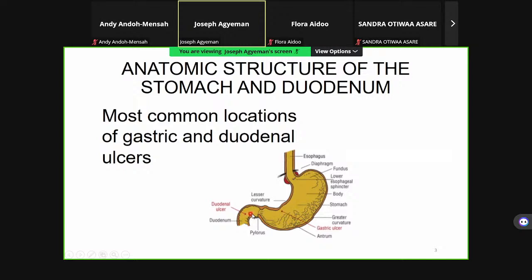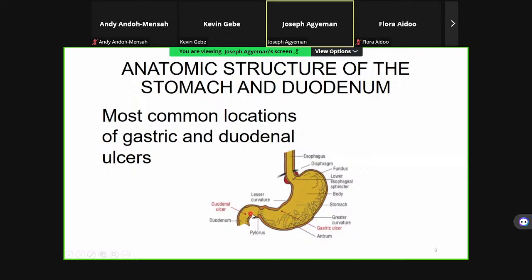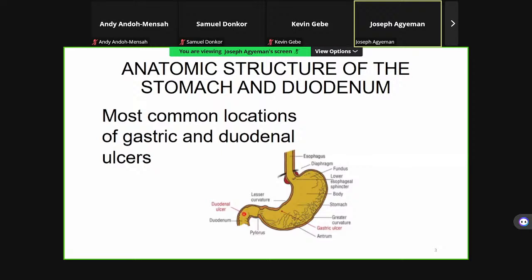These are the areas that you normally see that the sores are, but it can be found at any part of the stomach, and the duodenum as well, but commonly, the lesser curvature here around this area and the proximal duodenum. This is where the ulcers could be found. Any questions so far? Any question?